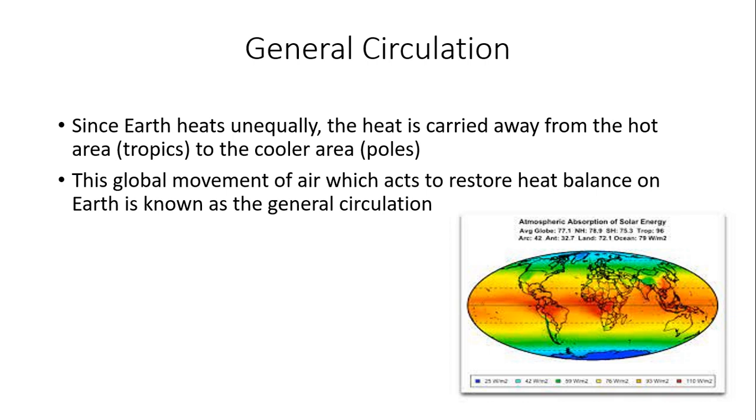The bottom right-hand graphic on this slide shows the atmospheric absorption of solar energy at various latitudes on the Earth. And you'll notice the darker shaded orange colors there are generally associated with areas closer to the equator.